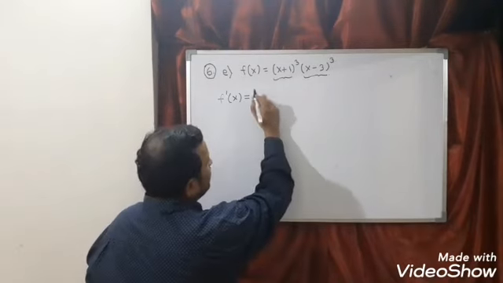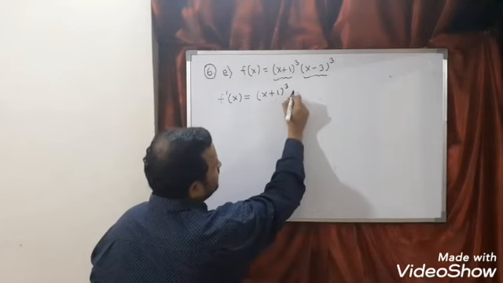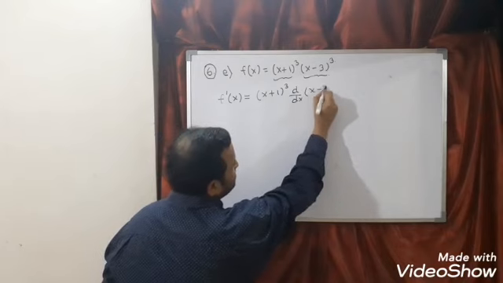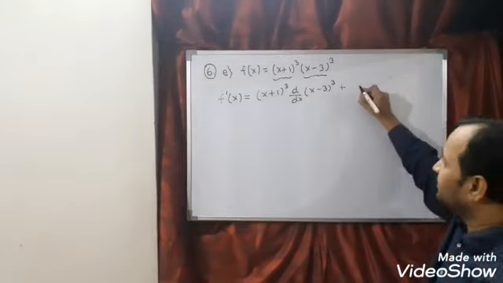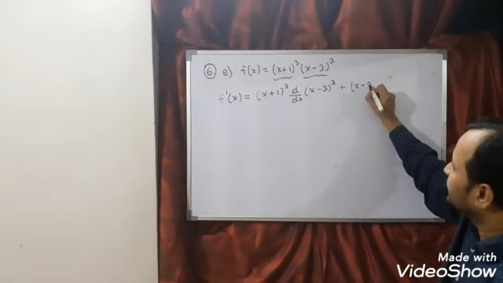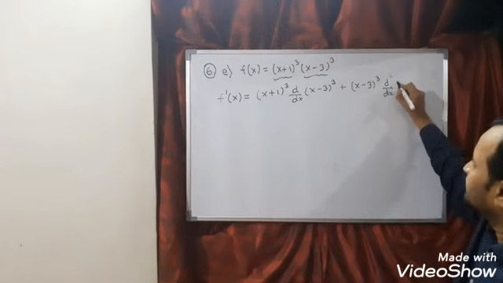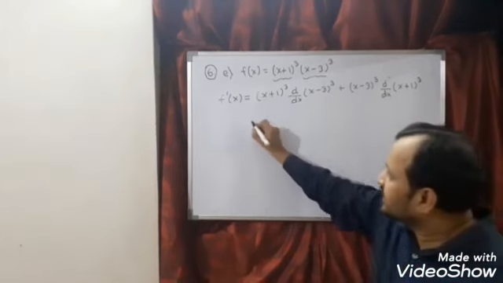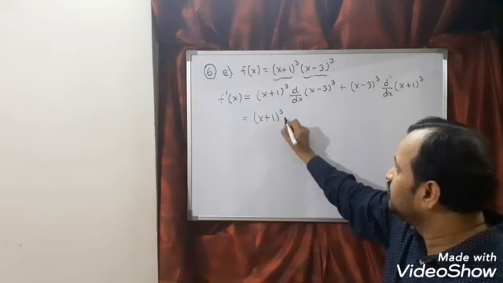Apply. So here I can say x plus 1 whole cube into d by dx of the second function x minus 3 whole cube, plus the second function x minus 3 whole cube into d by dx of the first function x plus 1 cube. So this we can write as x plus 1 whole cube into.